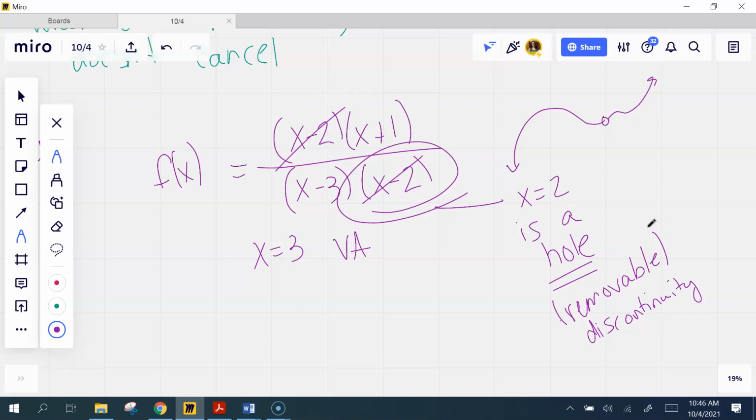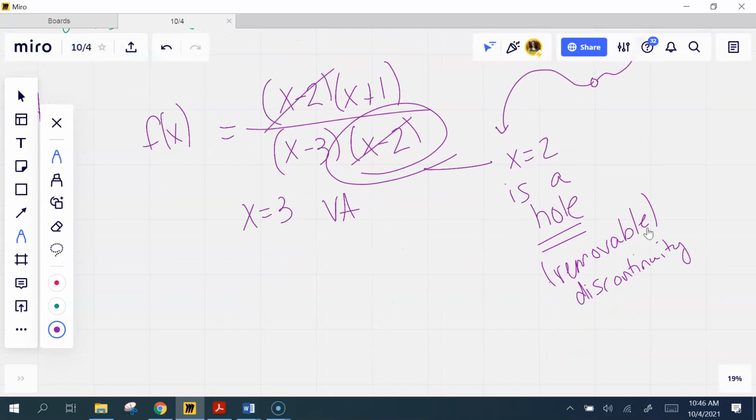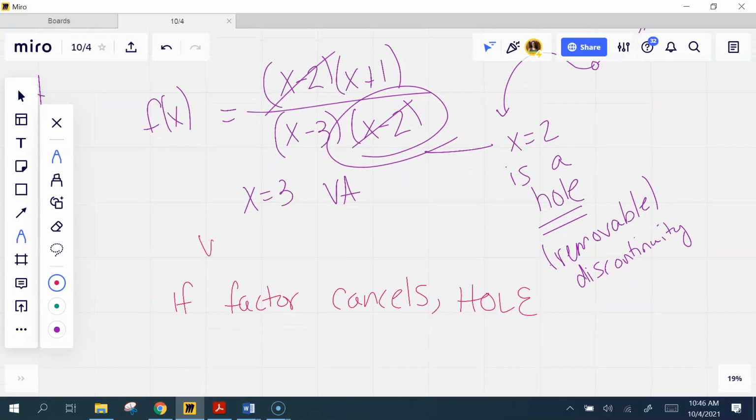Y'all okay there? A couple people are shaking their heads and a couple people are squinting at the board. Let me think how I can word it. If the factor cancels, it's a hole. Say when denominator equals 0.